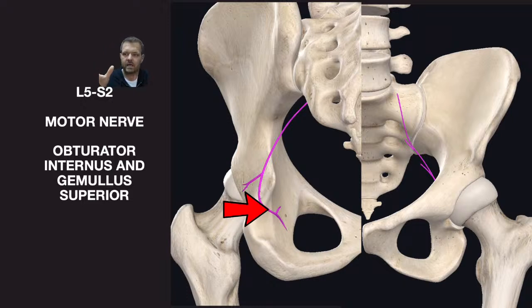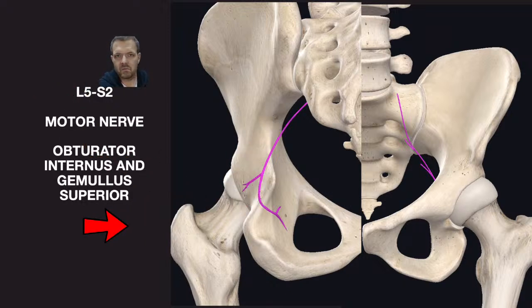That wraps up your obturator muscles and which one supplies which. So you've got the obturator nerve supplying the externus, and then this one supplying the internus. So they've got their own specific supply, a little bit lower down, L5 to S2.